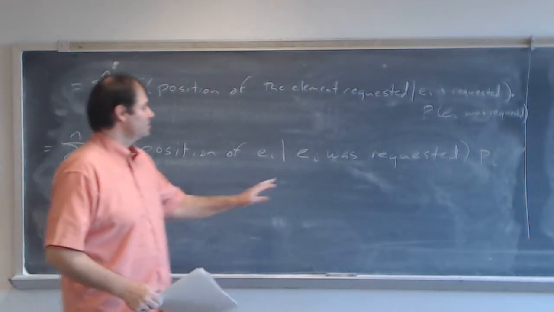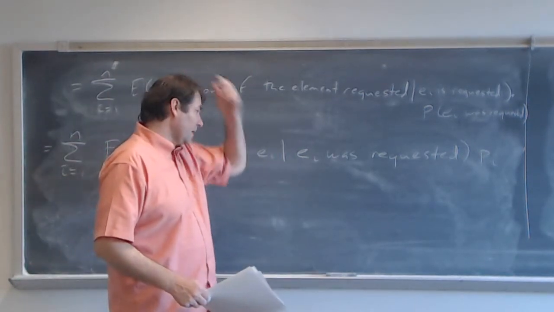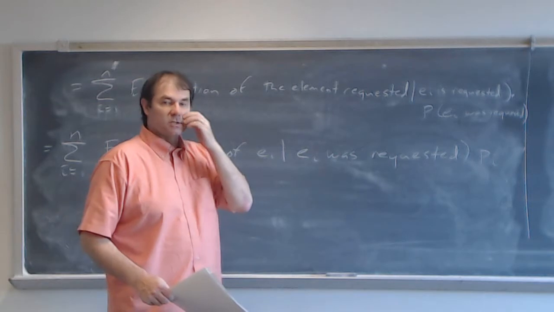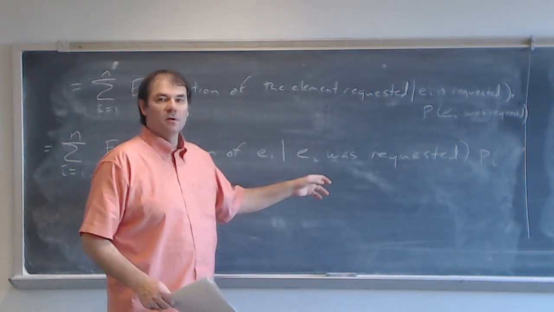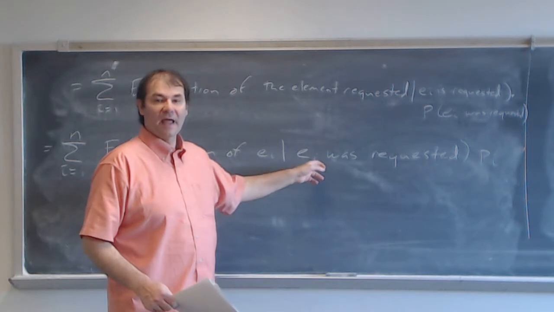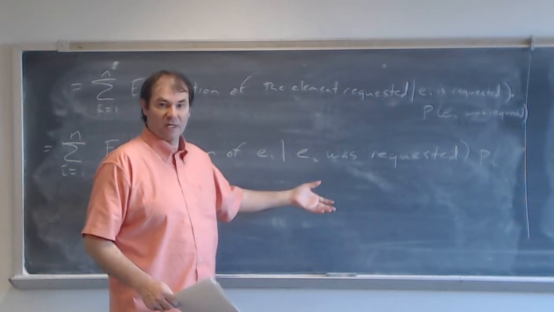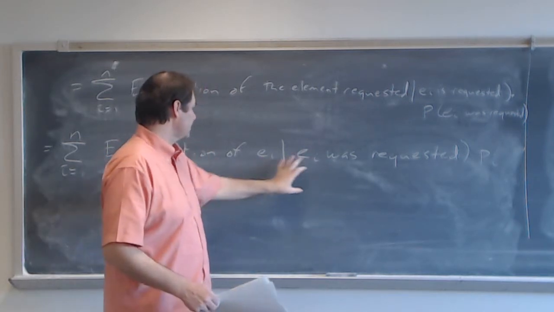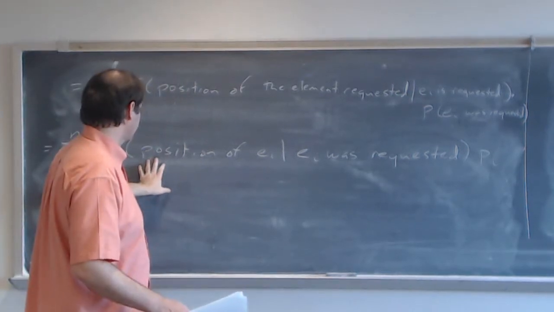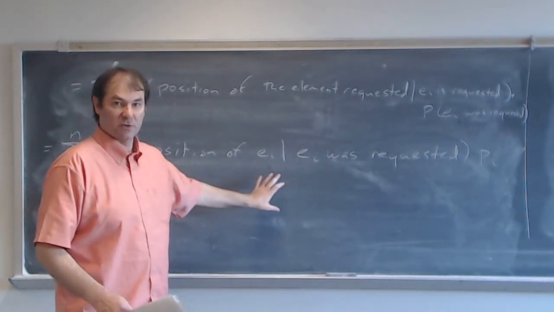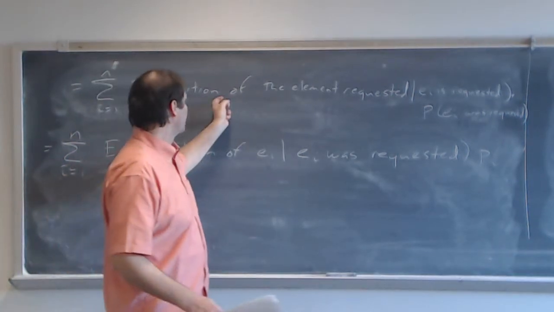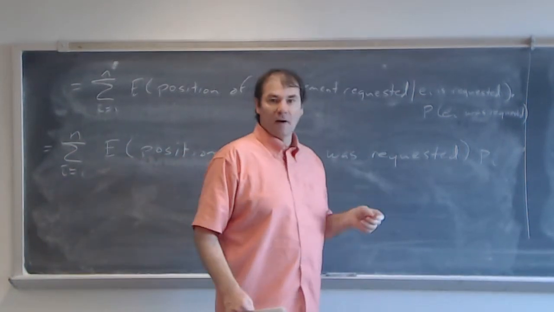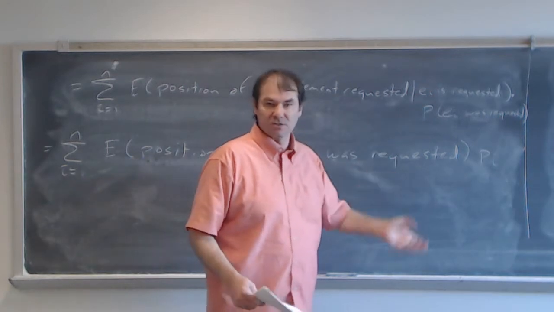Now, here, what was independent was the position of E sub I and E sub I being requested. Okay, those are independent. So this ought to be just the expected value of the position of E sub I. That's what this ought to be. Now, it wasn't necessarily independent, the position of the element given E sub I was selected.